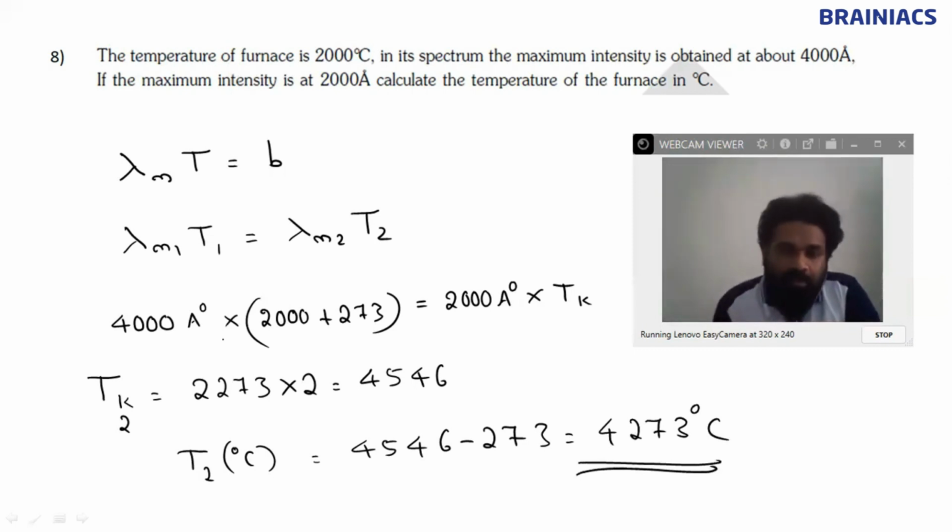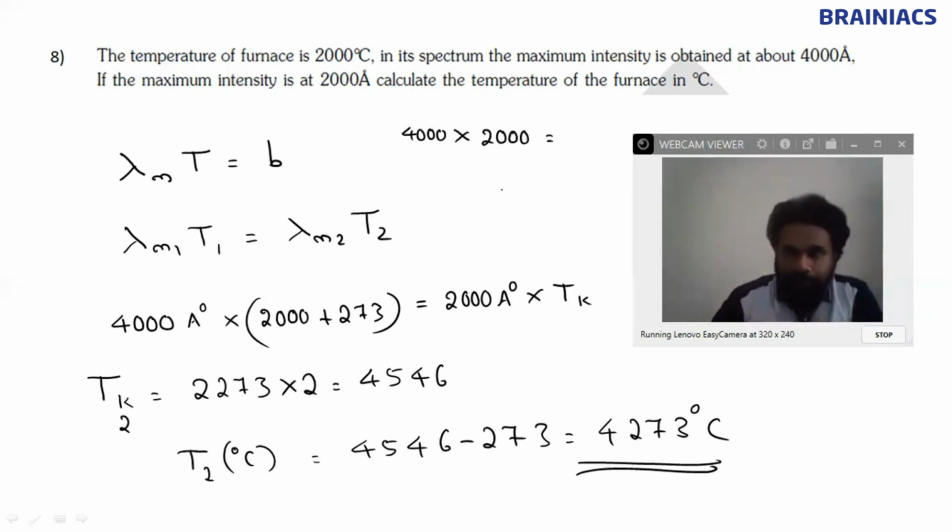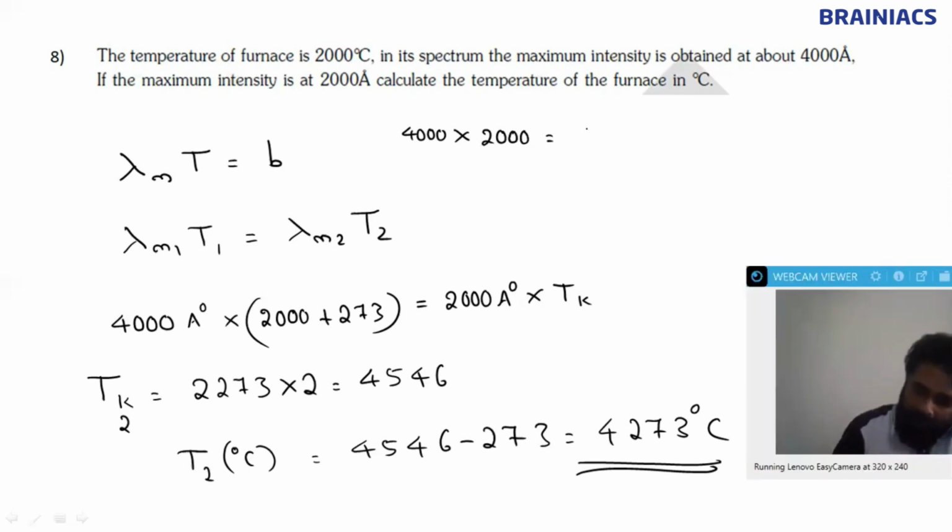If we do 4000 into 2000 is equal to 2000 into T, the answer which we are going to get will be different. See, 4000 into 2000 is equal to 2000 into T, which we need to find.